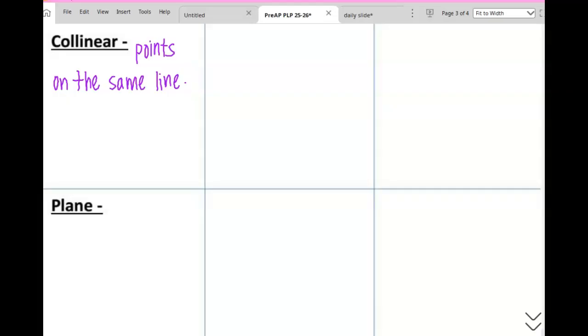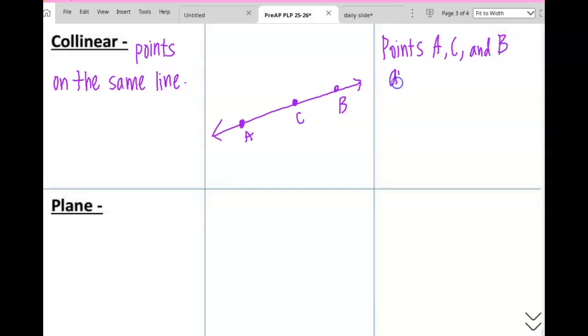So, let's draw a line. I'm going to do A, C, so we would say points A, C, and B are collinear.